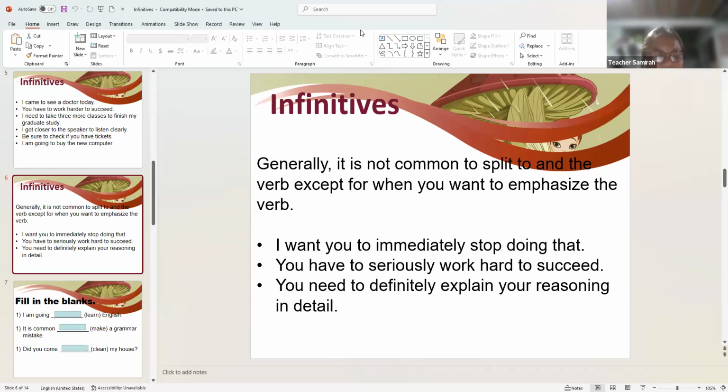Okay, wait a minute. I'm going to get my charger. So it's almost drained. The laptop is almost drained. Okay, wait.